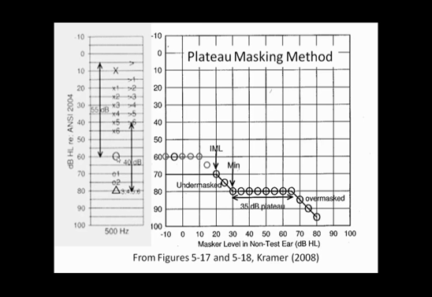So the question is, when we deliver a test tone to the right ear at 60 dB HL, is there a remote possibility that actually the left ear is detecting that? Well, how do we decide that? Let's assume supraaural earphones are being used.